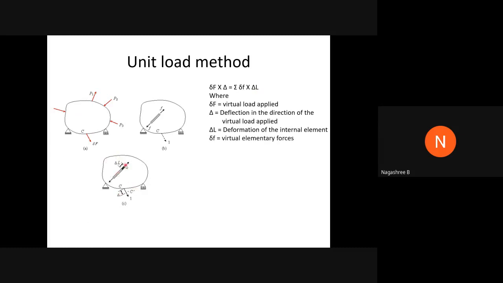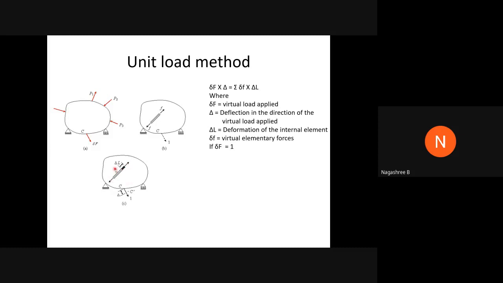Apart from C, I am also considering the internal element whose length is L, and delta L represents the deformation of that element with reference to delta F. Small f represents the virtual elementary forces of this element.